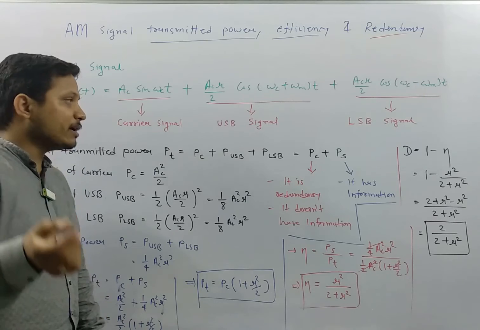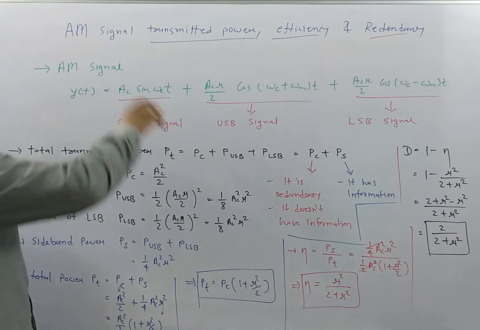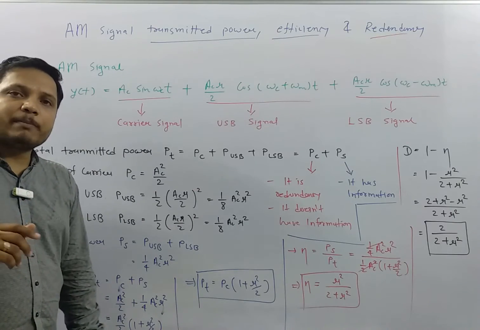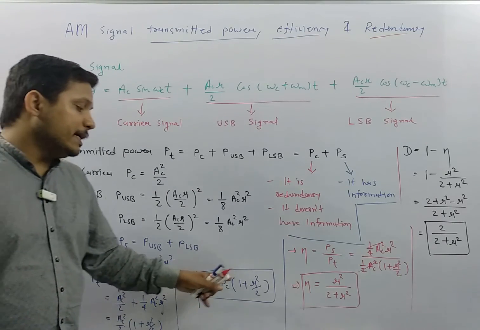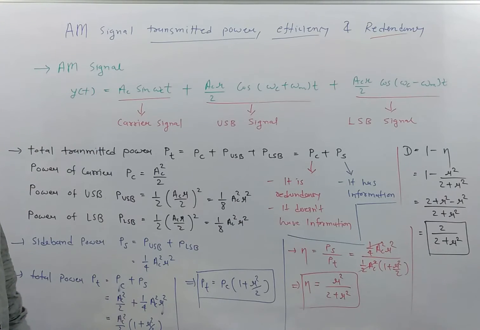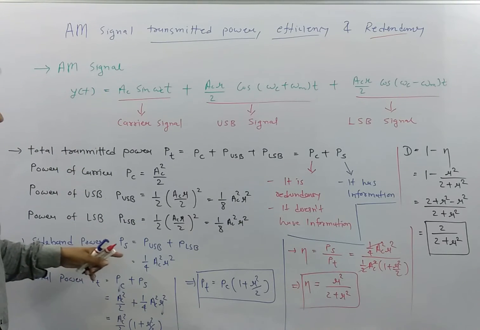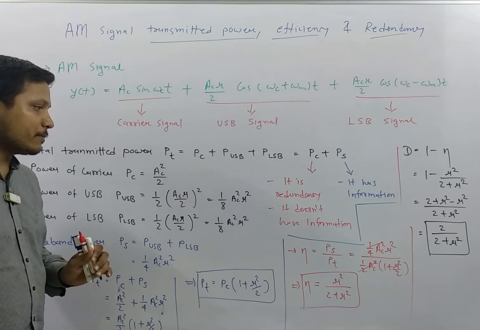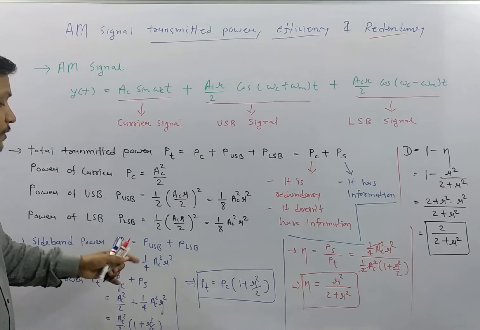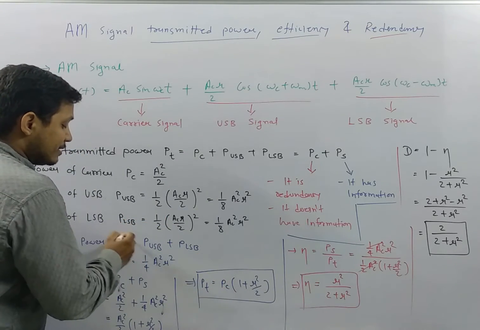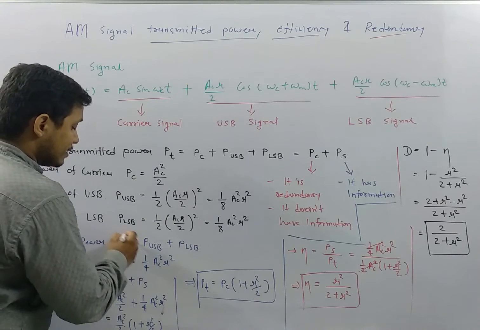So let us have a quick review again. When we talk about AM signal transmitted power, that is PC into 1 plus mu square by 2, and sideband power, that will be 1 by 4 of AC square mu square. In terms of carrier power, we can rederive even the sideband power.